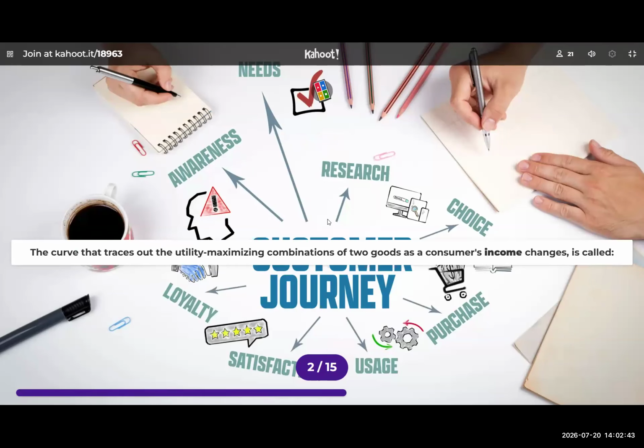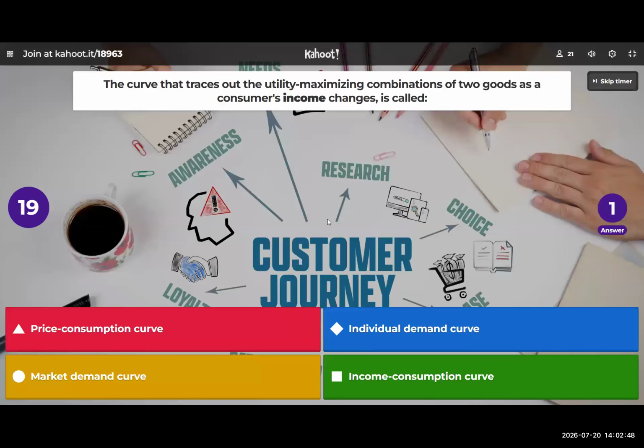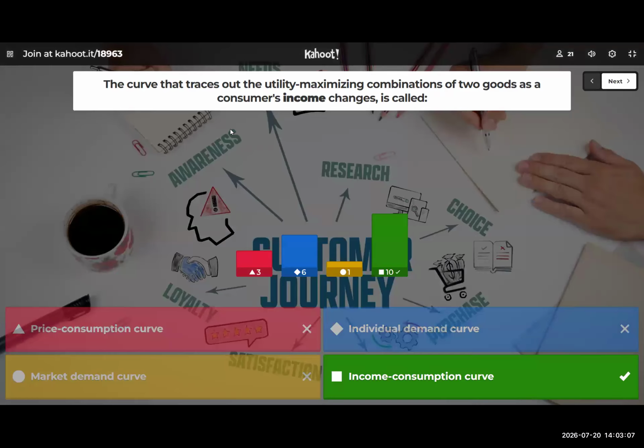Okay, this time consumers' income changes. Income consumption curve. This is in your homework. Market demand curve.